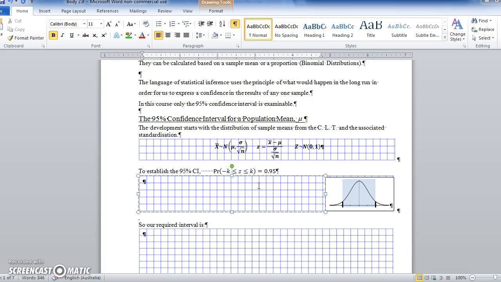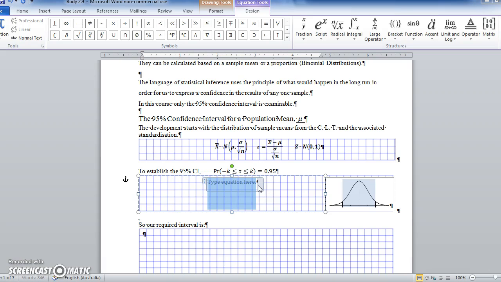So if we consider the proportion of our Z distribution that's less than or equal to k. If we want the area in here to be 95%, then the area outside there and outside there is going to have to sum to 5%.